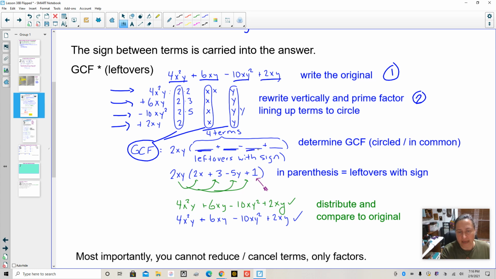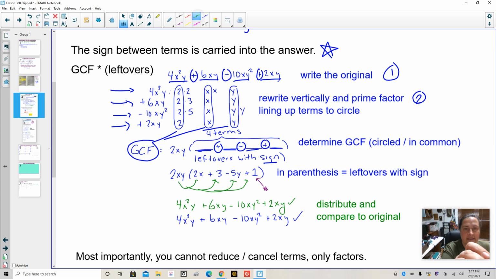Now, it's possible that by factoring, I could end up with some like terms, but that rarely happens. Okay. I want the leftovers with the sign. So whatever sign was between the terms originally, plus, minus, plus, plus, minus, plus, is going to go into the answer.